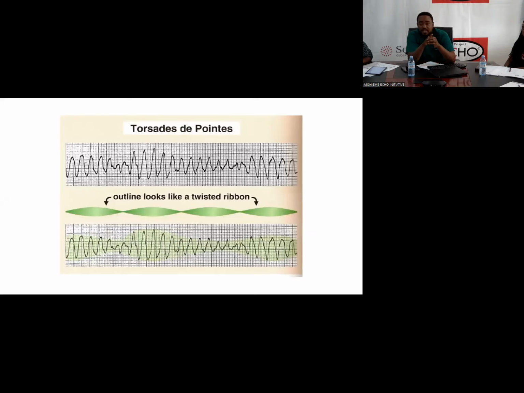It resembles the AFib and VFib, but the difference is that you have a pattern. You have points that are narrowing and widening at almost regular intervals. That's what we describe as a twisted ribbon. If you've ever been to a church, those ribbons that they put maybe at the entrance, how they are twisted and rotating about, that's what the point appears like. So you see points of narrowing and widening across a rhythm strip.